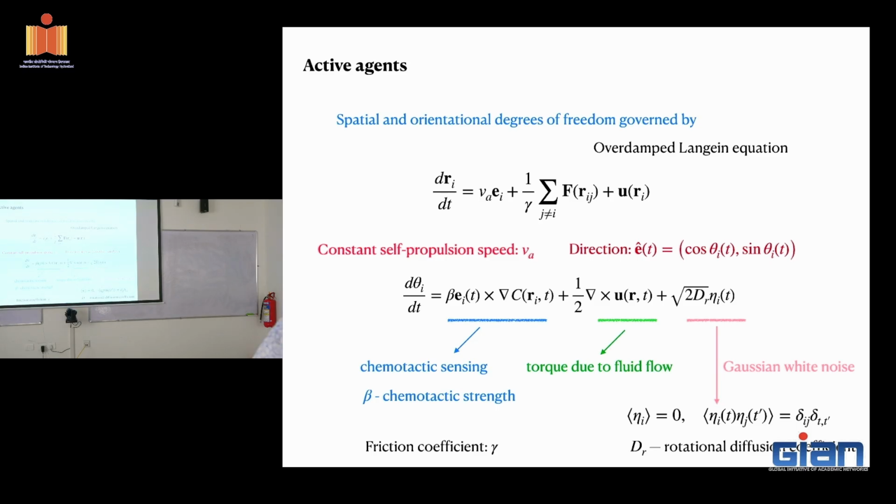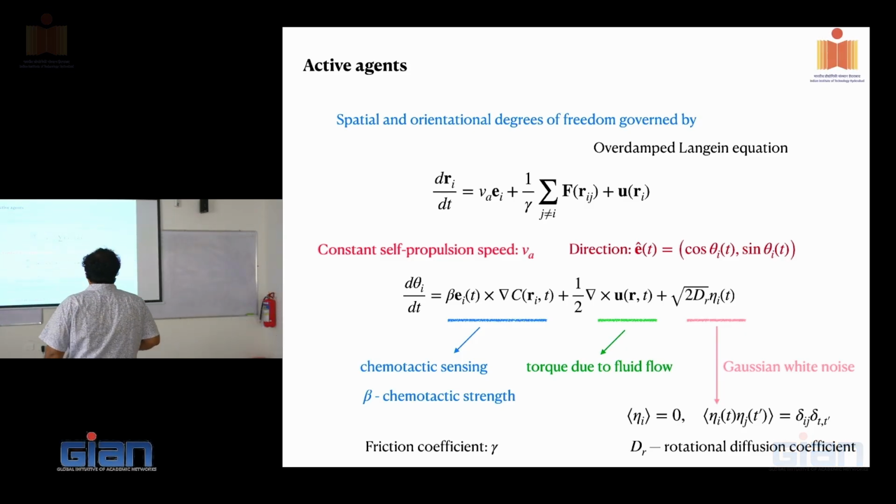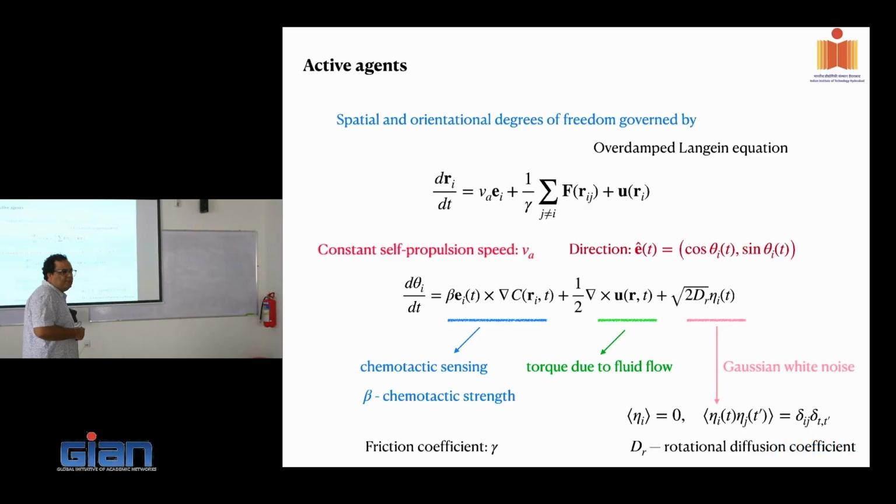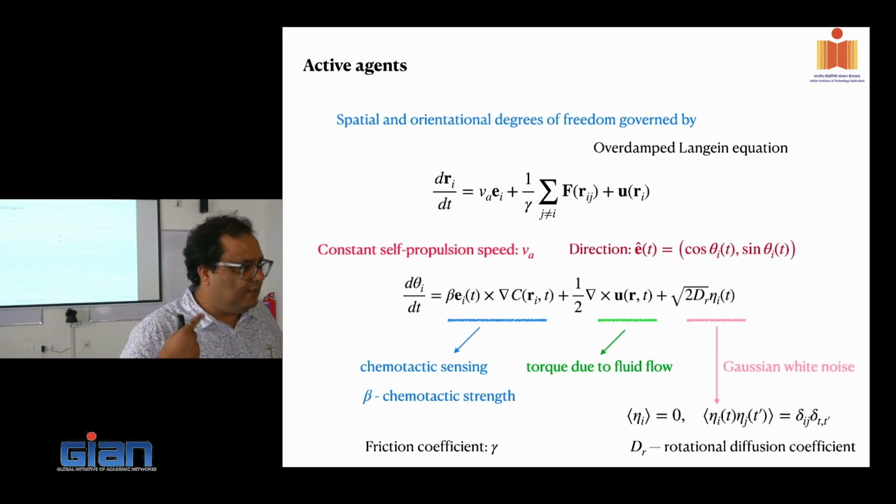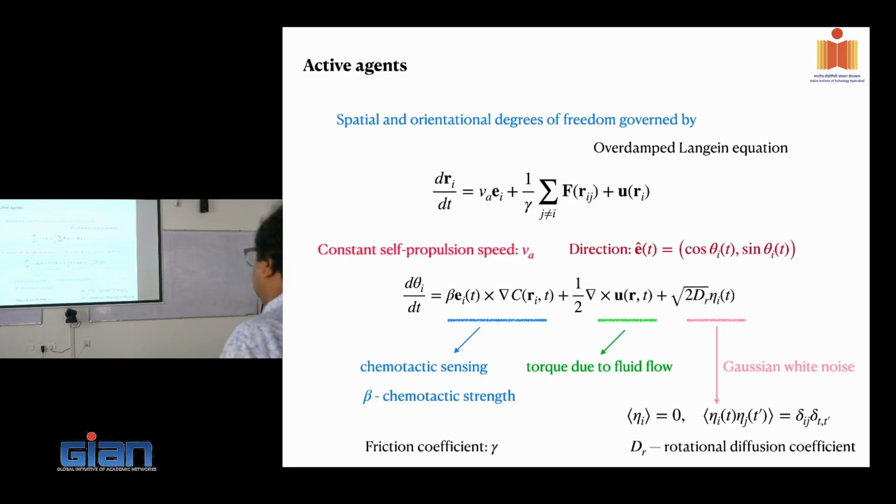Now let's come to the direction. The direction is simply cos theta_i, sin theta_i in 2D. And now for this theta, I'm going to write an evolution equation, and there will be three terms for this. One would be chemotactic sensing, okay?